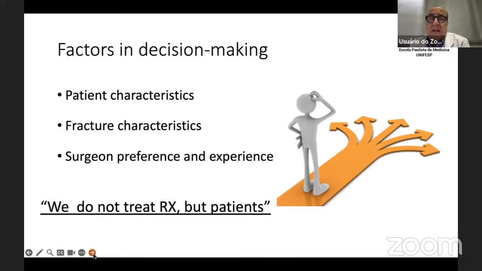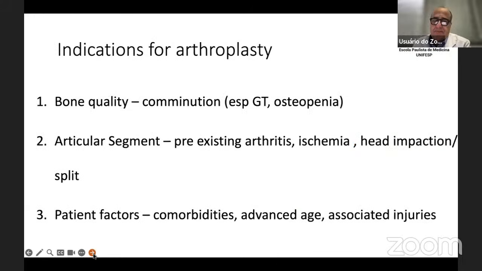The fracture characteristics are important for me, for example, the quality of the bone, the presence or not of the medial ridge, and the possibility to make a reconstruction with an ORIF, if you want or if you need. And there is, of course, the surgeon's preference and experience in treating these patients. And you have this quotation, that's something very present. I always say to my fellows, we don't treat the X-ray, but the patients.